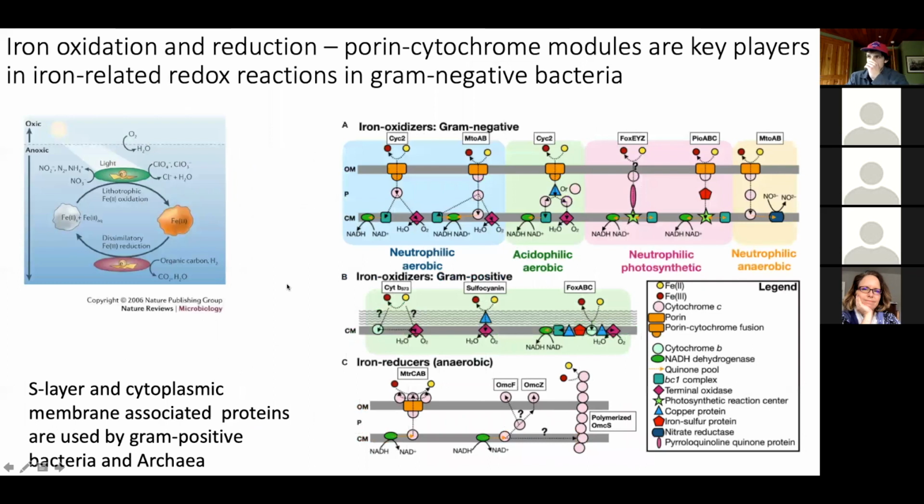Okay, so just briefly, the iron oxidation and reduction. The key takeaway is that porin-cytochrome modules are very important in this case. Porin is an outer membrane protein that basically forms a pore, and cytochromes are redox active proteins that bind heme, and heme is the active site of that protein.